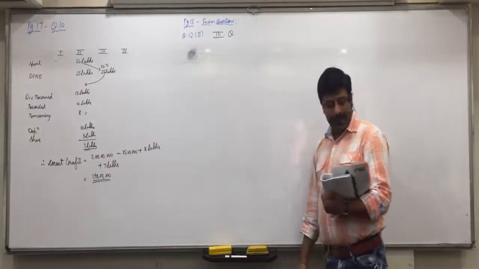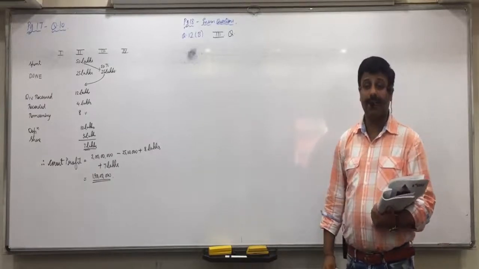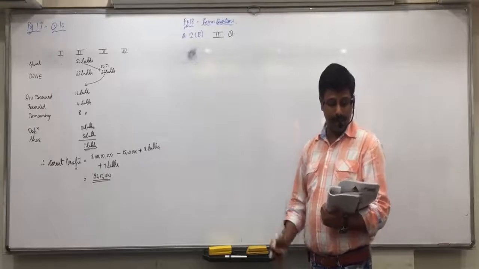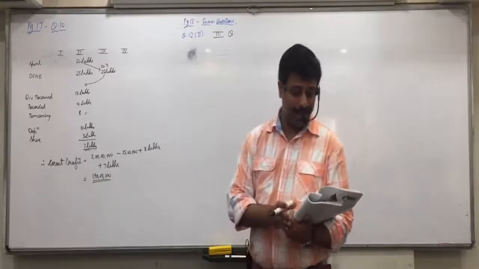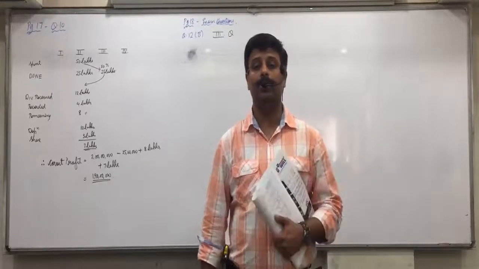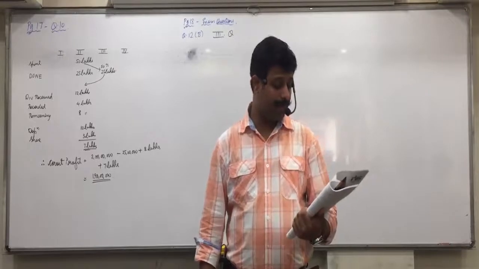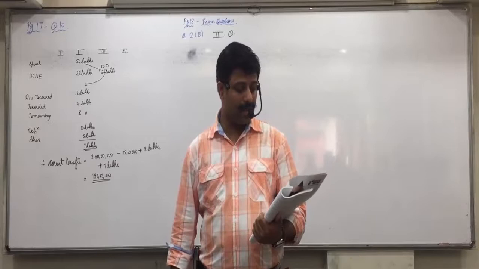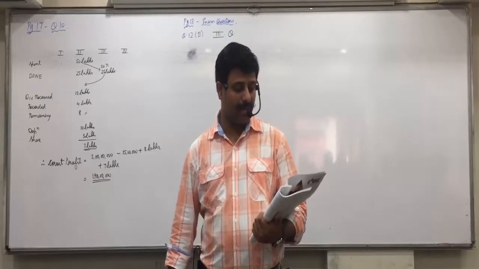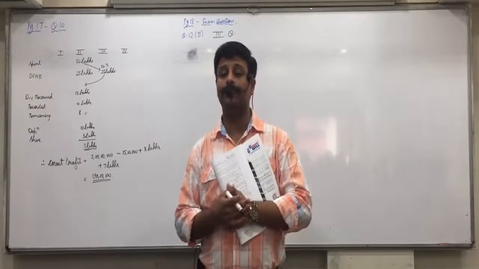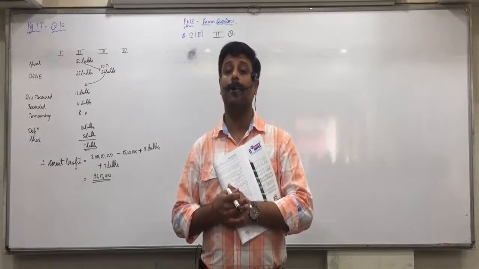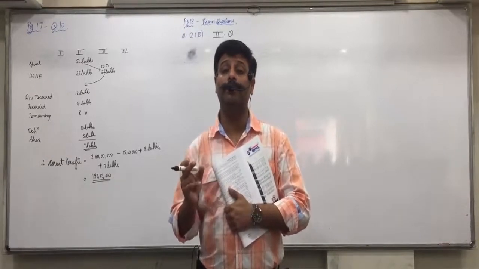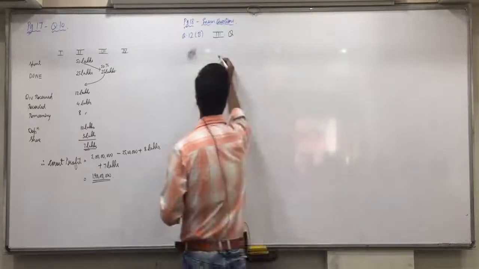Now, bad debts of 40,000 incurred during the second quarter. 50% of bad debts have been deferred to the next quarter. So, Moini, what will we do? 20,000 you will minus. Correctly identified.